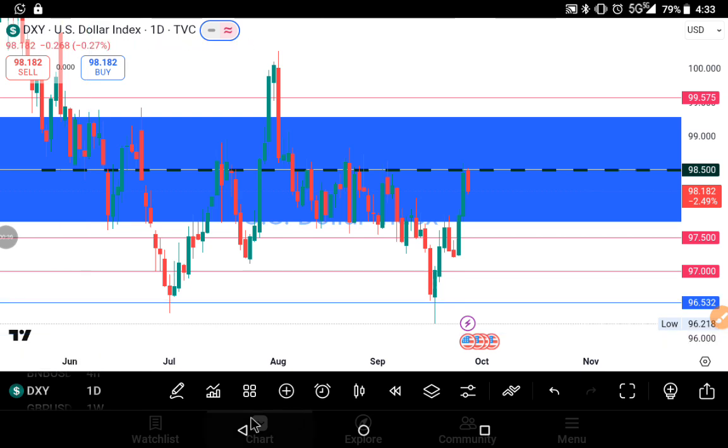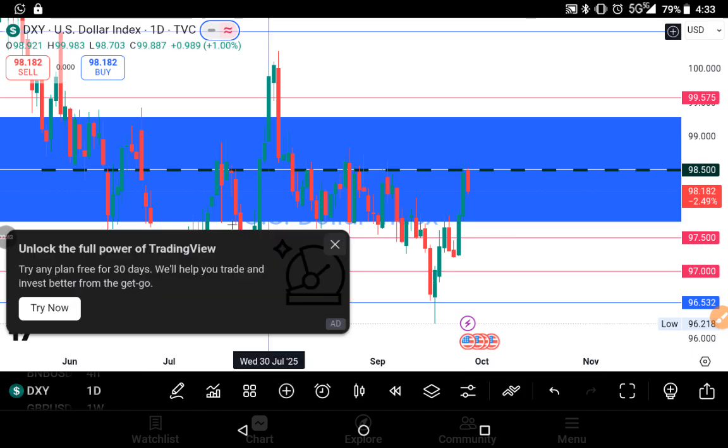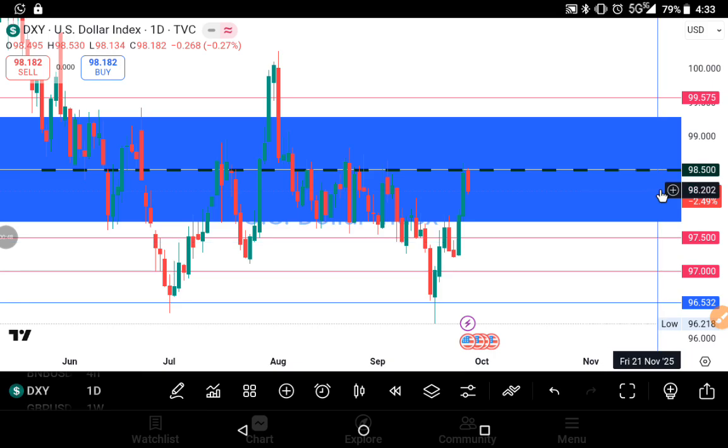So we start with our bellwether, which is our dollar index. Dollar index is our baseline. So what do we expect last week?